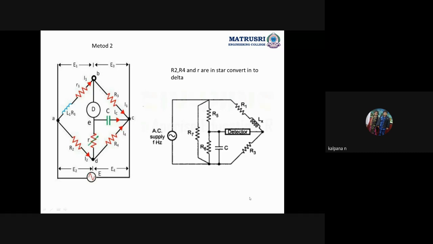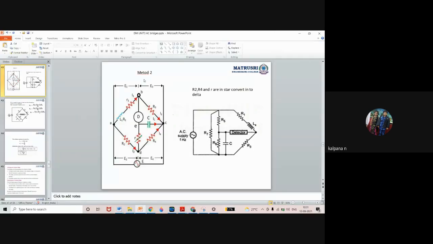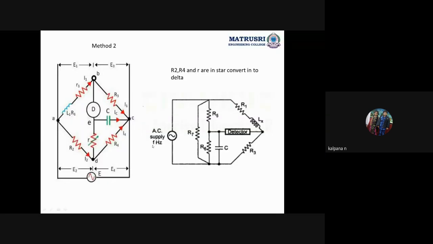So here in the second method, we are just simplifying the bridge. Instead of writing 3 equations from the 3 loops, we are simplifying the bridge. See, these 3 are connected in series. Capital R2, small r, capital R4. Yes or no?